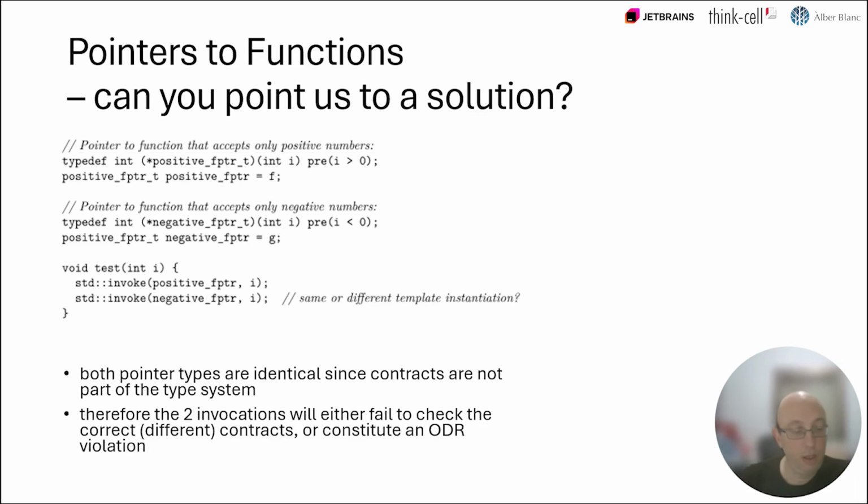And therefore, we can't use this path of attaching contracts to the variable type of pointers to functions, leaving us with no way of having that work also with templates, as you can see.